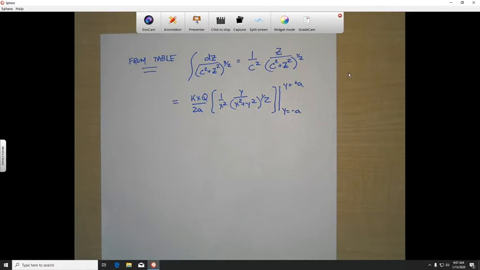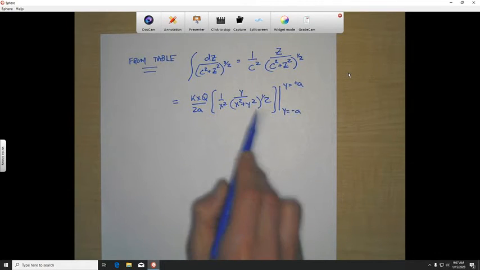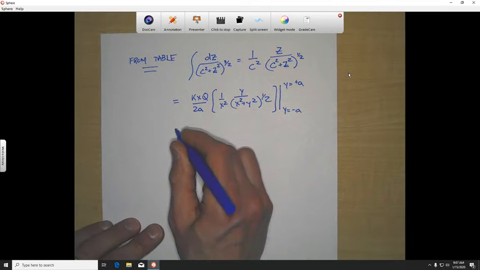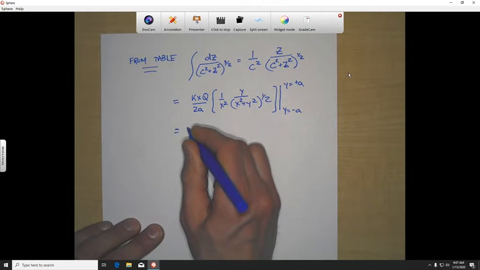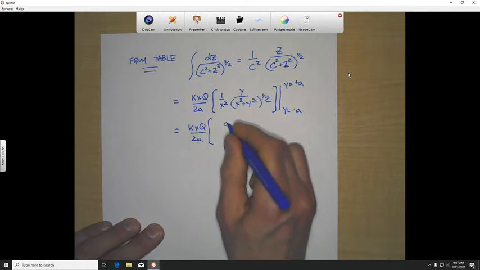Okay, so this is a little bit of practice with integrals and evaluating definite integrals, because your next mission is to write this expression out, subtract those terms, and simplify. Okay, so you guys should be able to do this. I'll work it through. We've got kxq over 2a in the front, and then my terms are going to go like this.